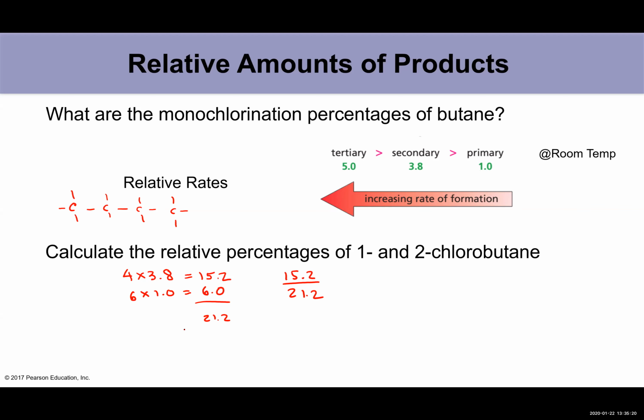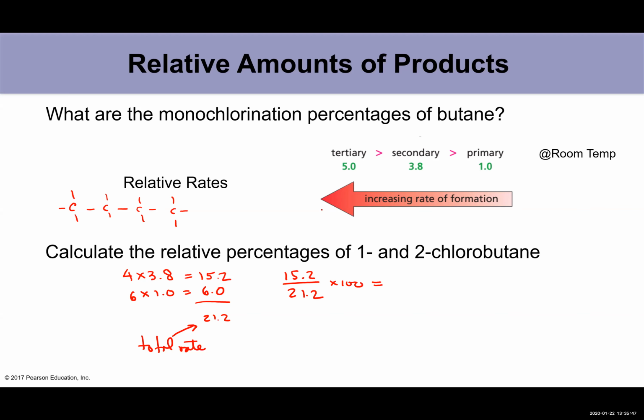So this is total rate times 100. And then that'll come out to be, calculator please. I actually got my calculator back. You do need a calculator for this part. Oh, there it is.